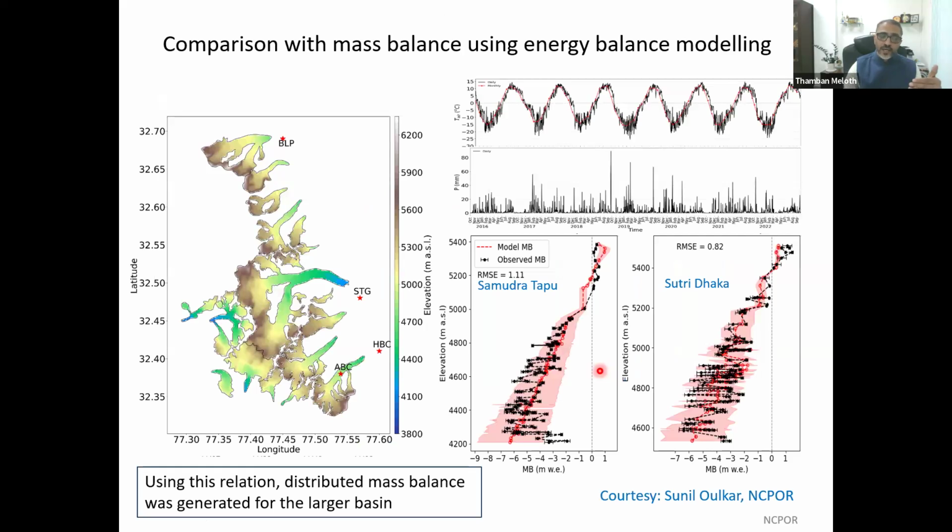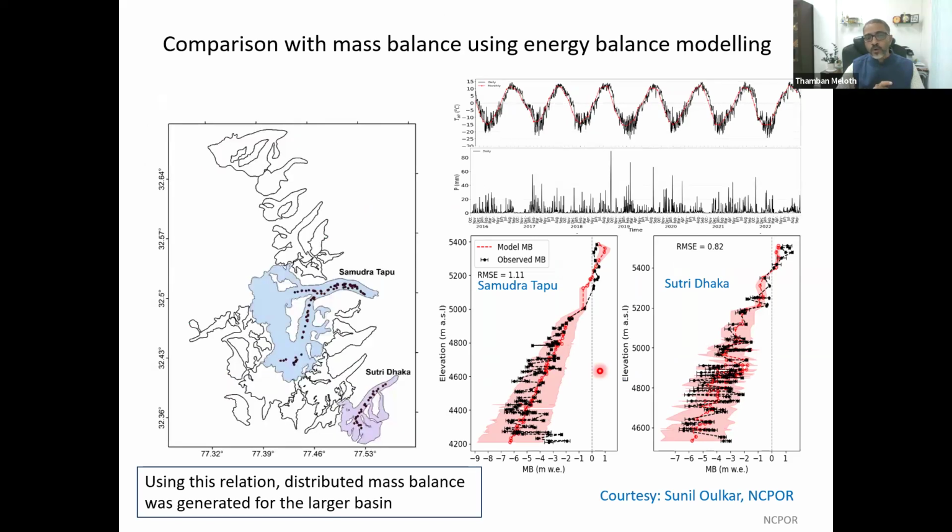And if you compare the field measured data with the model-based output, which is calibrated and validated with the lot of data available in this particular basin, it very clearly shows that the models, especially the physically based energy balance models, are able to replicate the field-based data generated over nearly 10 years.